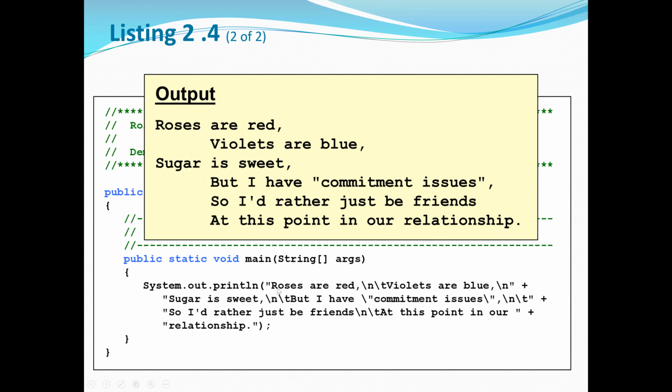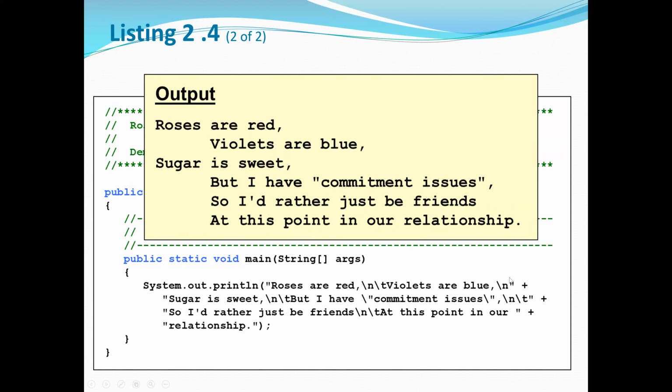So we can see first we have "Roses are red." So that's correct. Roses are red, but we have a backslash n, so we move to the next line. But we have backslash t, so we tab. That's why "Violets are blue" starts from here, we tab it. After that, we have backslash n, so we move to the next line. There's no tab, so we start from the beginning. "Sugar is sweet."